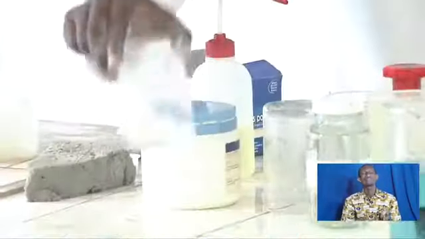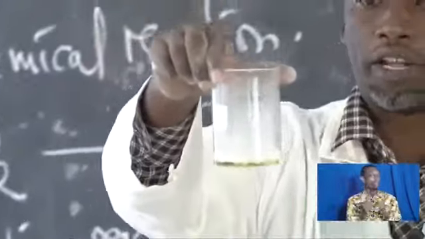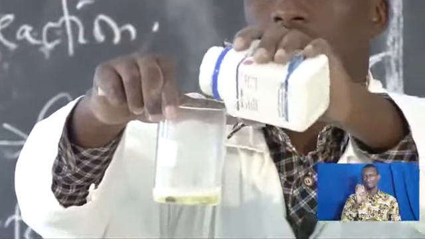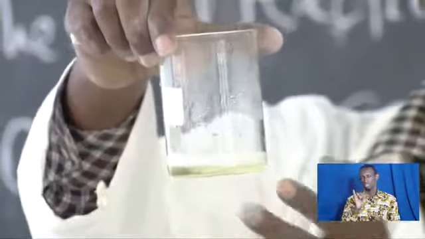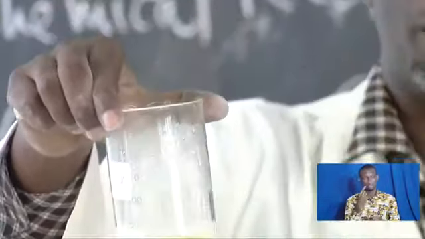So when you look at this reaction, you see the bubbling of the gas. That is hydrogen gas. This is effervescence. You can see it by the bubbles coming up.